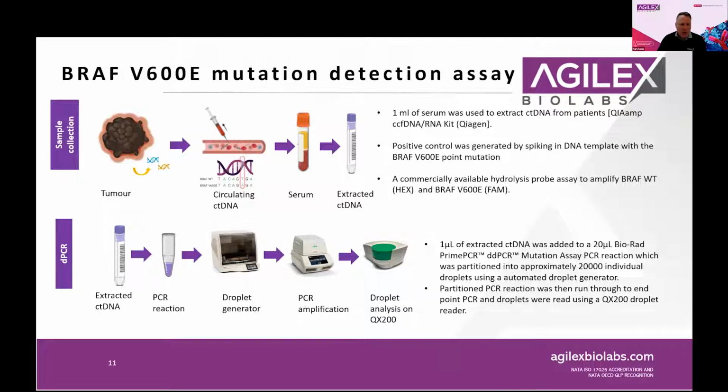We added our template ctDNA into the PCR reaction and applied it to the droplet generator. It got partitioned into 20,000 individual droplets. This was then subjected to PCR amplification, and the partitioned PCR reaction was analyzed on the QX200 droplet reader.